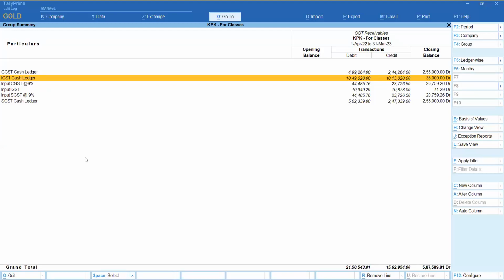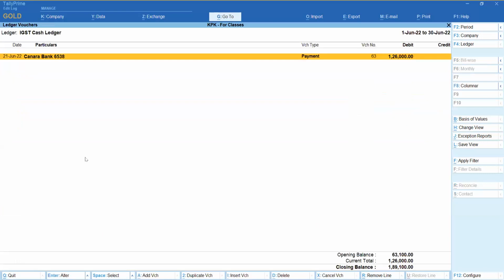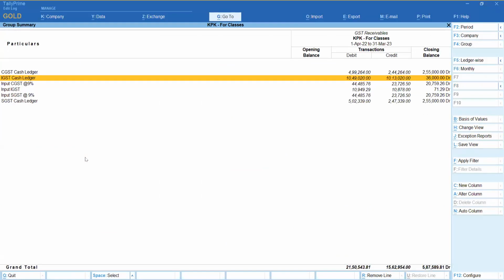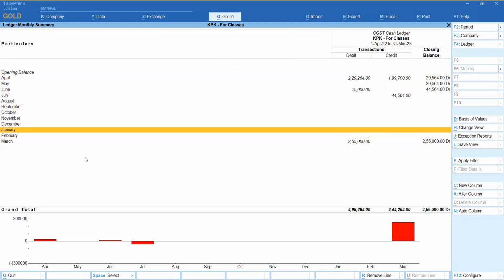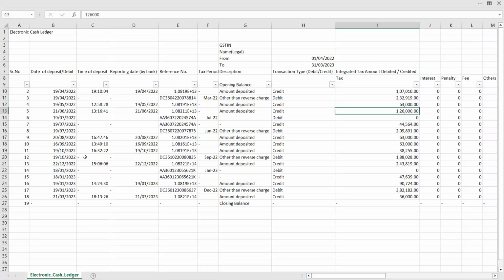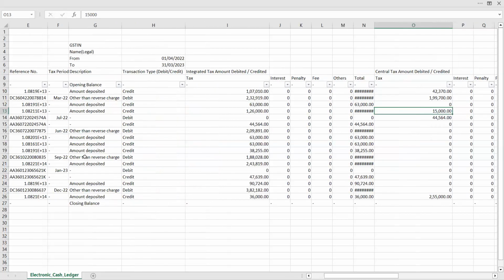So I go to the IGST cash ledger and I will see 26th June. This is the entry, 1,26,000. I have taken this. And if you see the cash ledger of CGST in June, there is a 15,000 deposit.